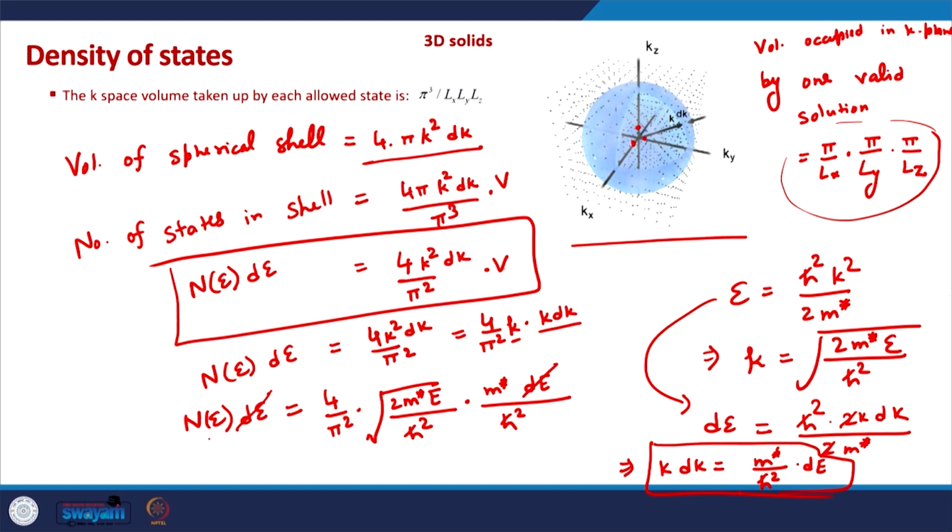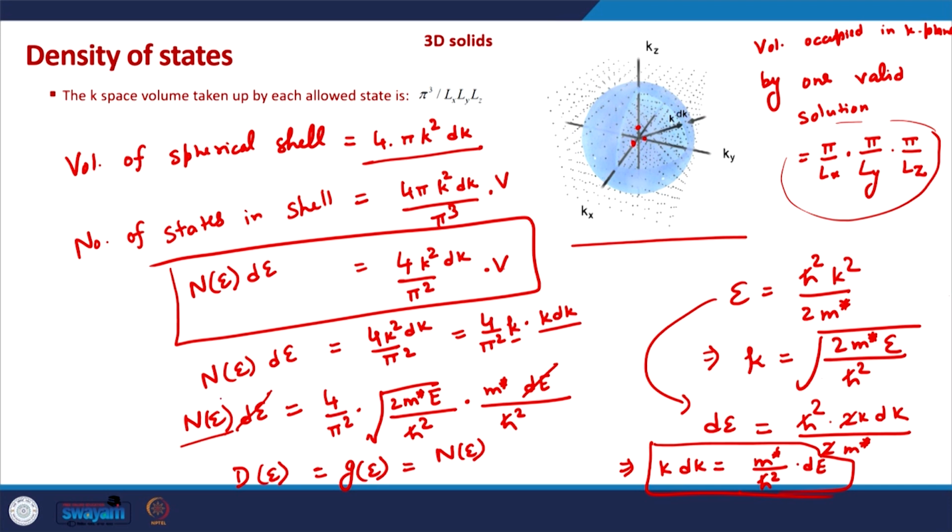So, the number of electronic states at energy E, and the density of states, which we generally denote by g(E), will be the number of electronic states per unit volume.